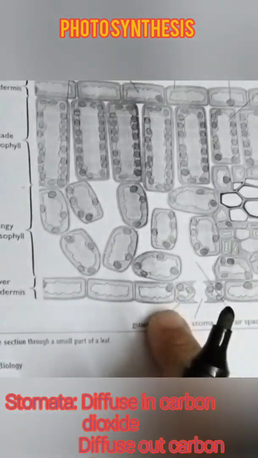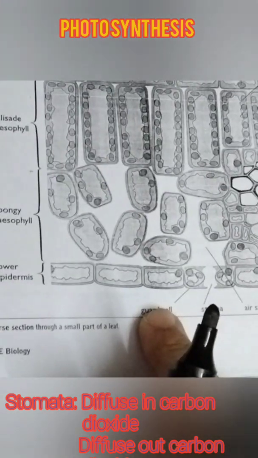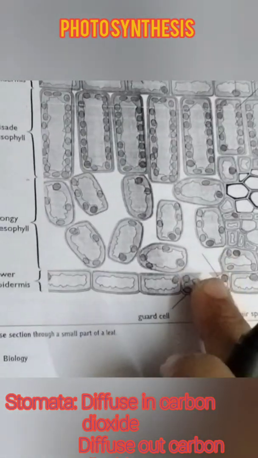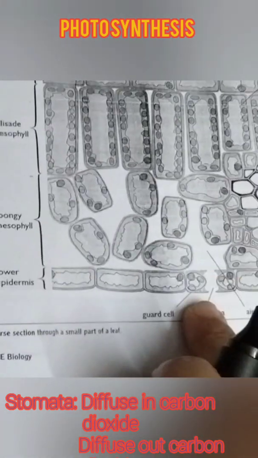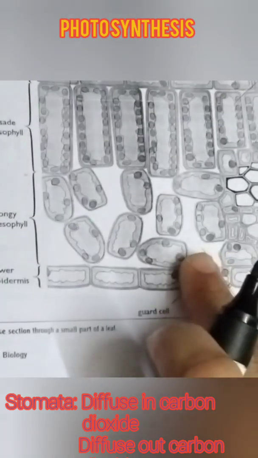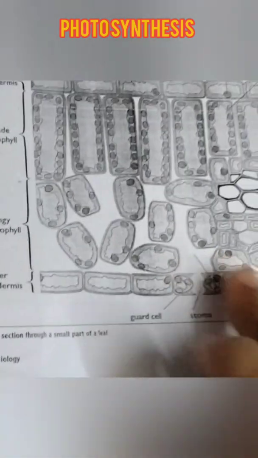It is guarded by the guard cells. The guard cells decide when to open the stomata and when not to. The work of the stomata is to allow the carbon dioxide in and diffuse the oxygen out.